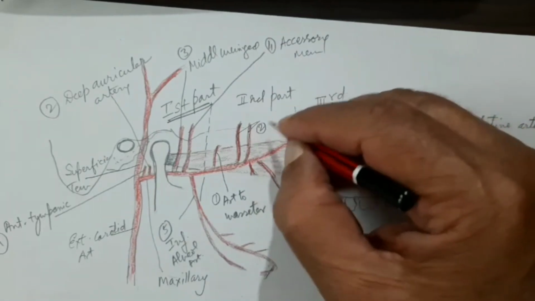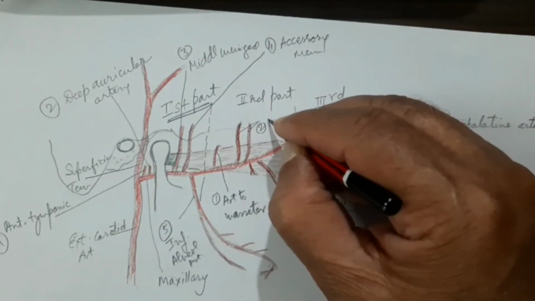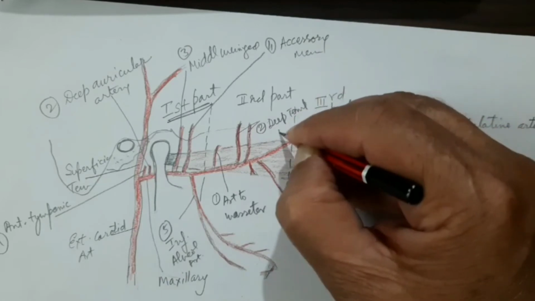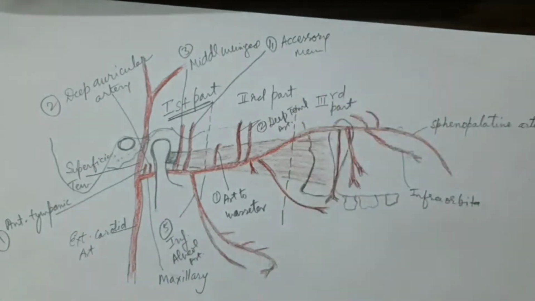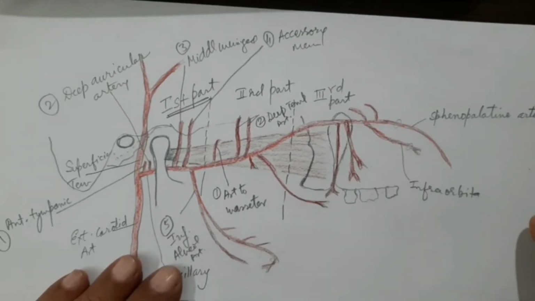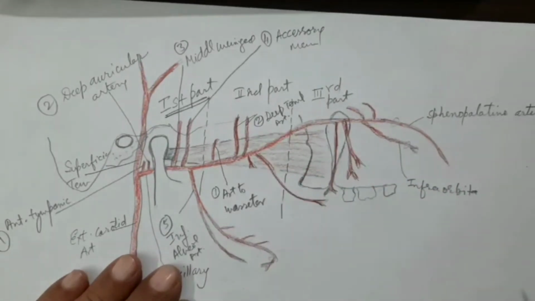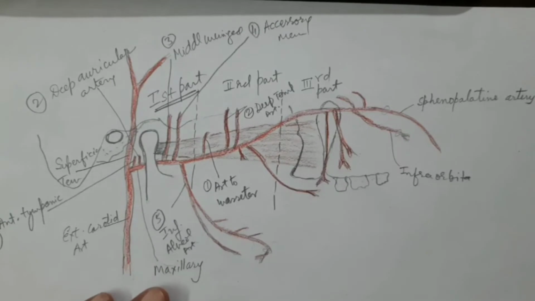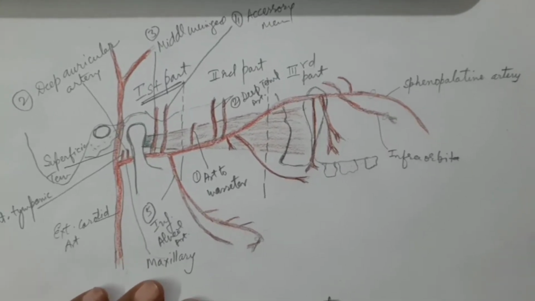And these are the deep temporal arteries. They are going deep to the temporalis muscle in the temporal fossa, where they will supply the temporalis muscle. There may be two or three branches going upward deep to the temporalis muscle. So these are the deep temporal arteries.